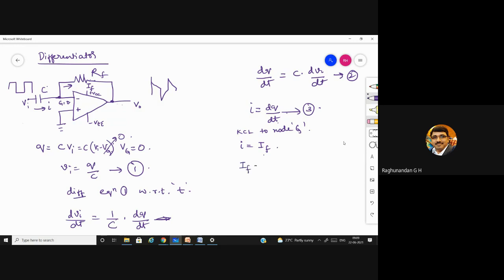For IF, we can write Vg minus V naught divided by RF, because RF lies between this terminal and this terminal, and the voltage at this terminal is Vg. Since Vg is equal to 0 according to the virtual ground concept, IF is minus V naught by RF.